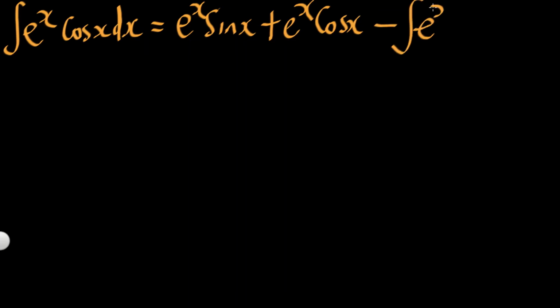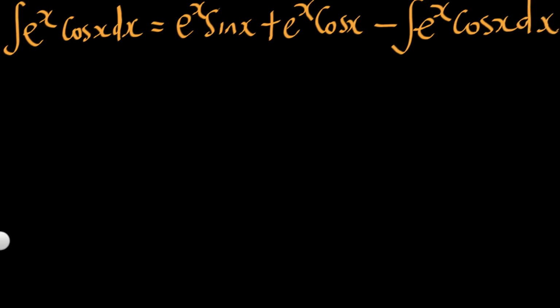So I have integration of e to the power x cos x dx being equals to e to the power x sine x plus e to the power x cos x minus integral of e to the power x cos x dx.